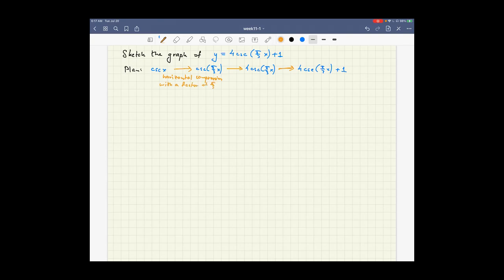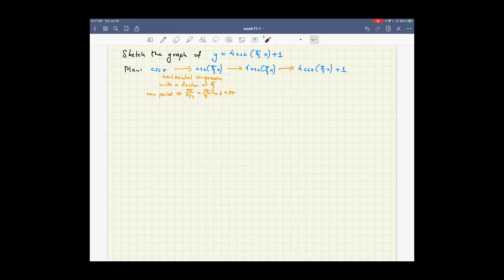And so the new period will be the old period 2 pi divided by a factor in front of x, which is pi over 3. And so the new period will be 6, which is slightly less than 2 pi. As expected, we're compressing, so the function is speeding up. Cosecant of pi over 3x will be a little bit faster than cosecant x.